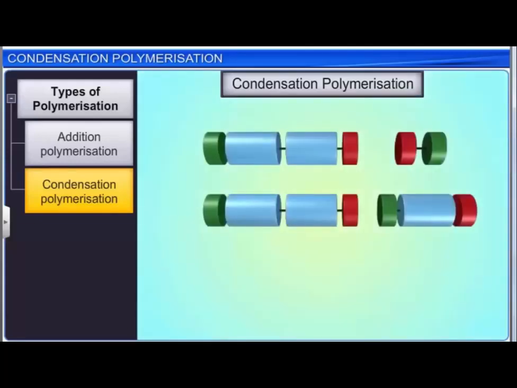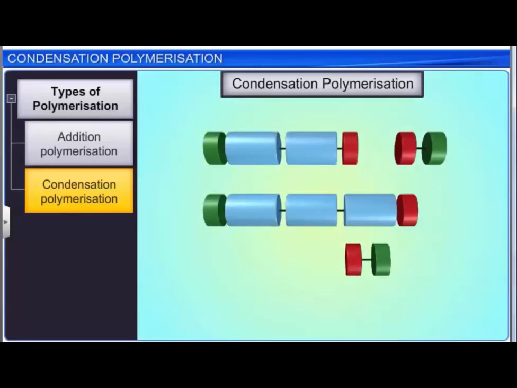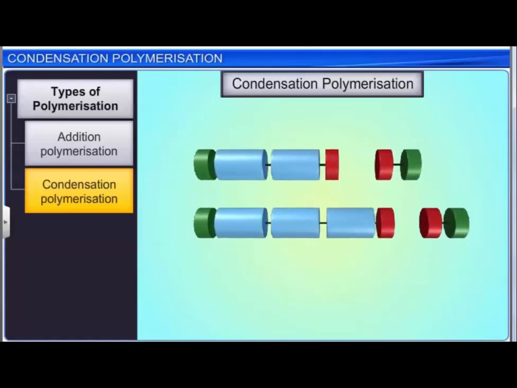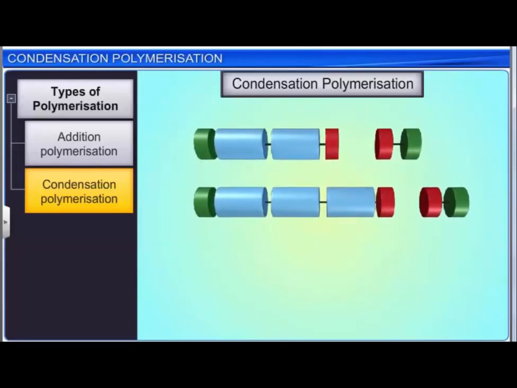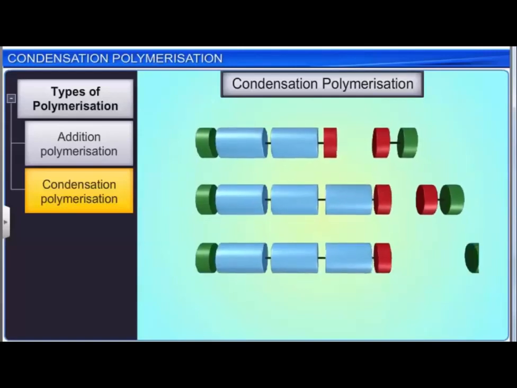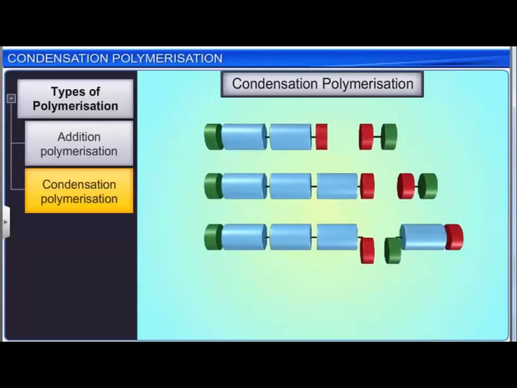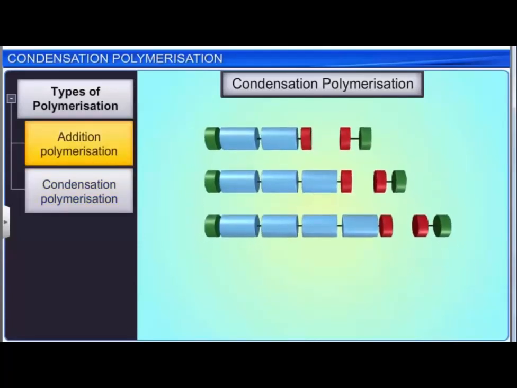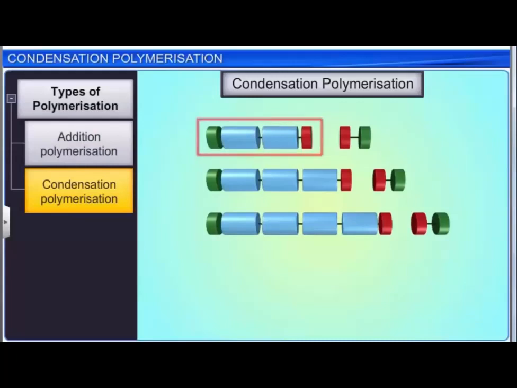You already know that condensation polymers are the result of repeated condensation reactions between two different bifunctional monomers. Hence, this type of polymerization also involves a series of reactions, just as in addition polymerization, but it differs in the aspect that each step is independent of the preceding one.